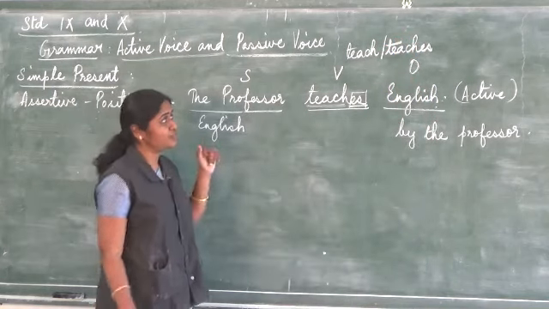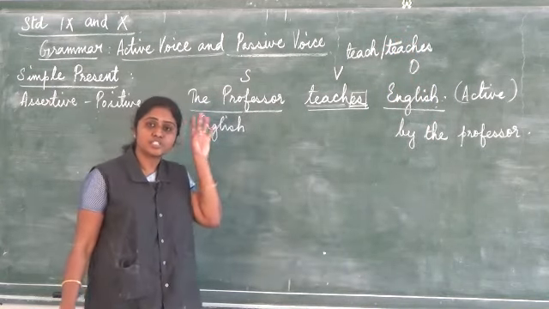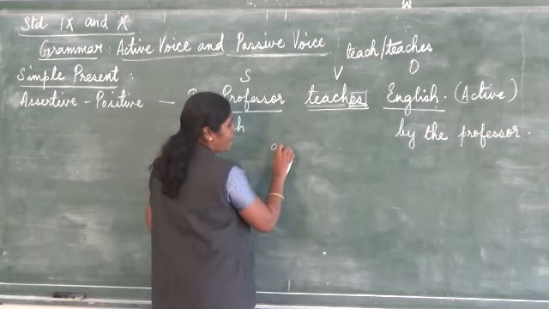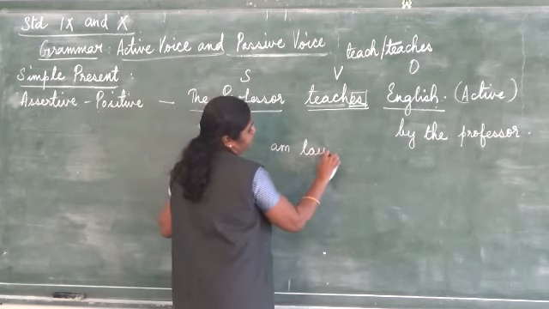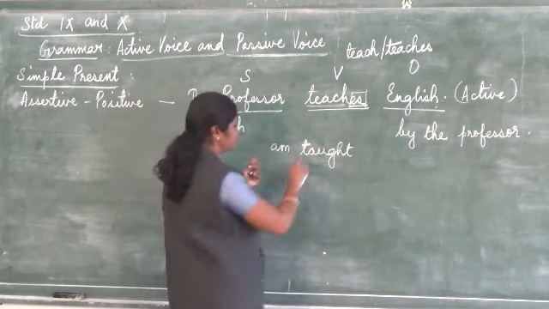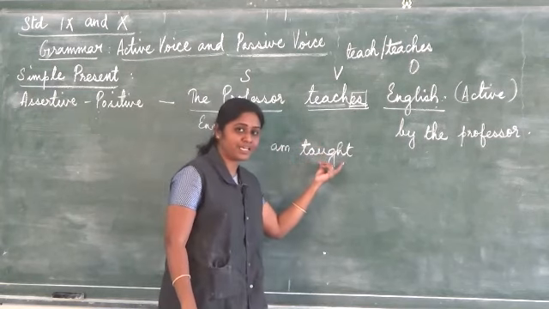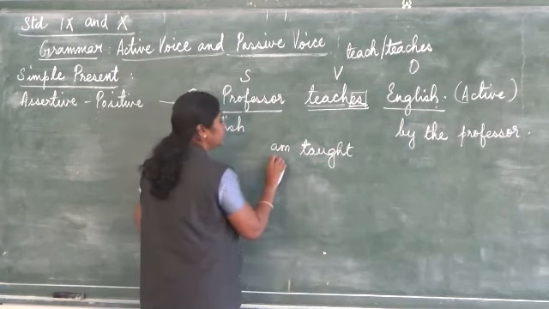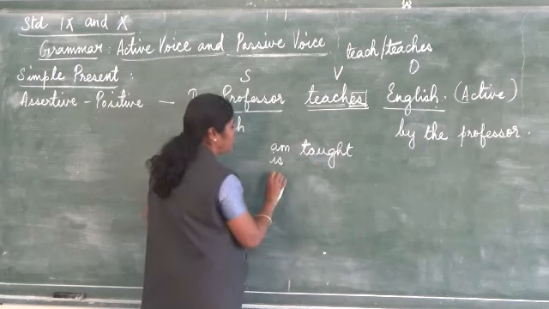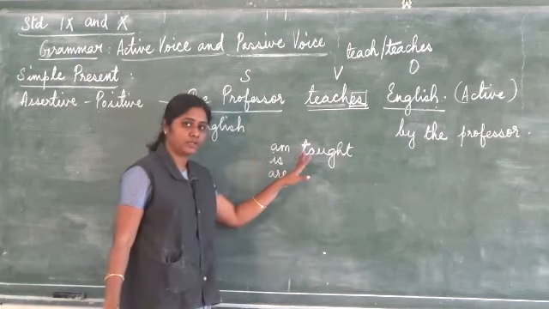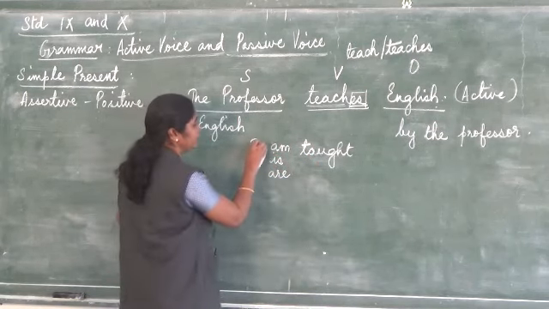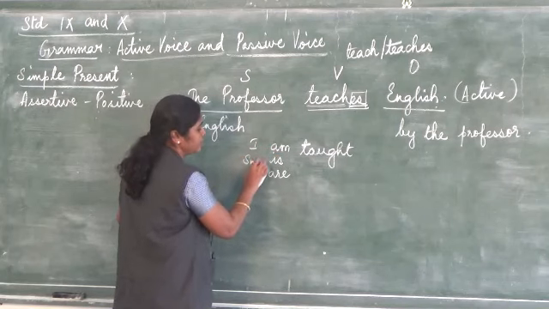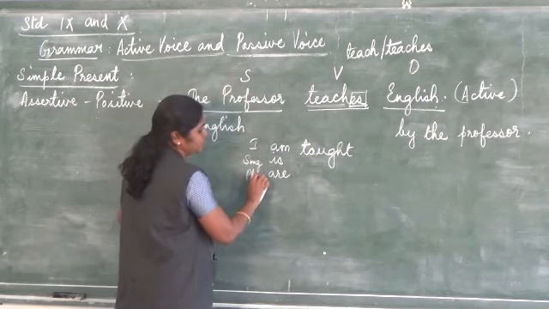Now what is the passive form of this verb? What are the 3 possible passive forms? Am taught, is taught, or are taught: auxiliary verb plus past participle of the verb. Am is used only with I, is is used with singular, and are is used with plural.